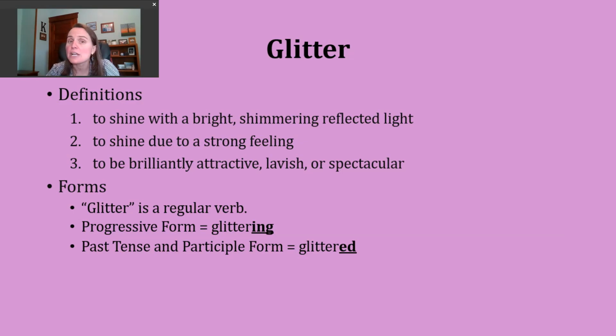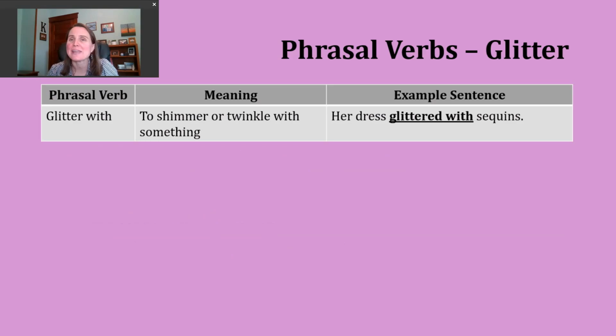Okay. Now, there is one phrasal verb that we can discuss, and that is to glitter with. This particular phrasal verb generally means something is shimmering or twinkling with something else. So this really is going back to that first definition. Maybe we have some type of light reflecting off, but it's kind of causing the light to bounce and create those particular effects.